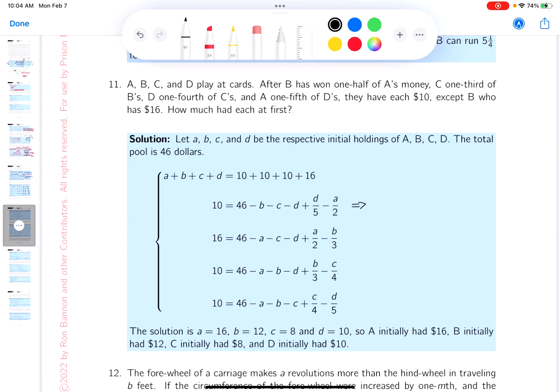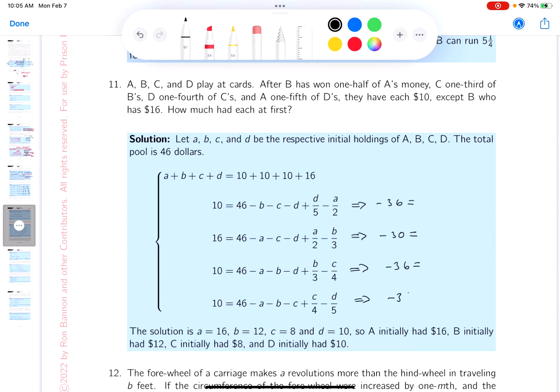What I'm going to do is subtract 46 from both sides, and you get minus 36. I'm going to subtract 46 from both sides and get minus 30. I'm going to subtract 46 from both sides, and you get minus 36.